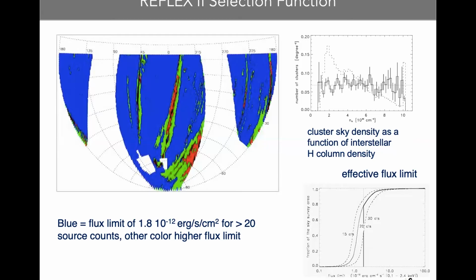And that is why you have these deficits in the exposure time. And just as a test that we get a relatively clean sample, including the corrections for these partly missing galaxy clusters, we plot here the galaxy cluster density as a function of the interstellar column density. That means here on the right-hand side, high column densities are the ones where you get close to the galactic plane.